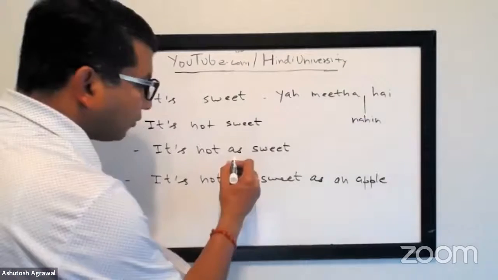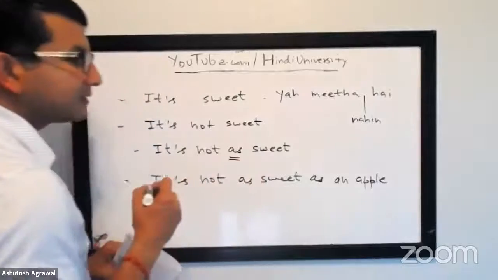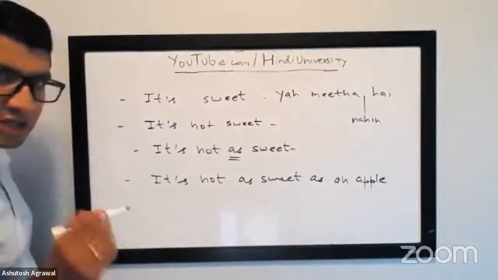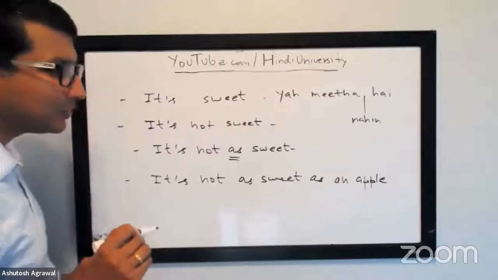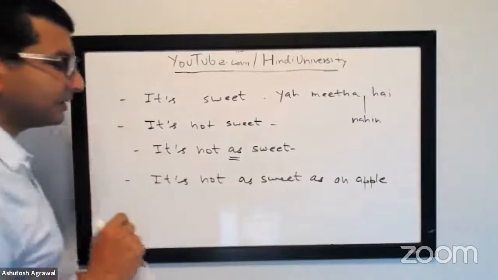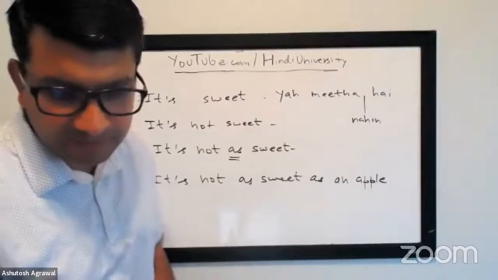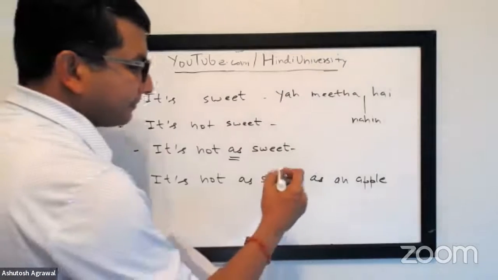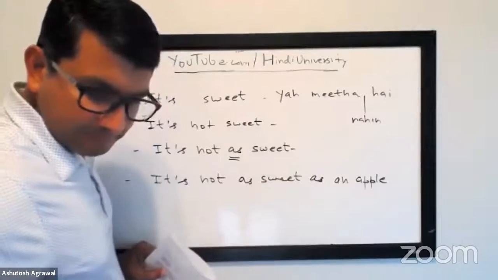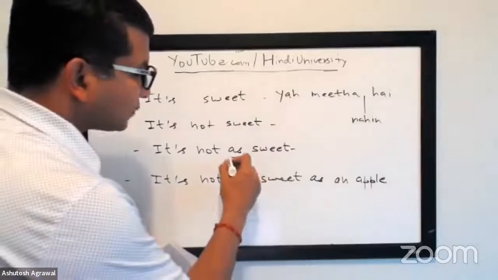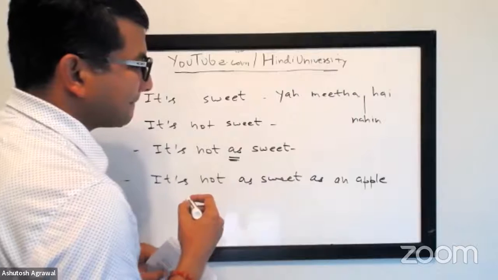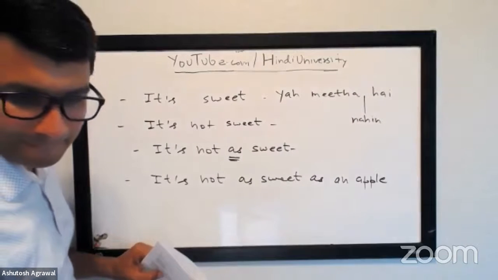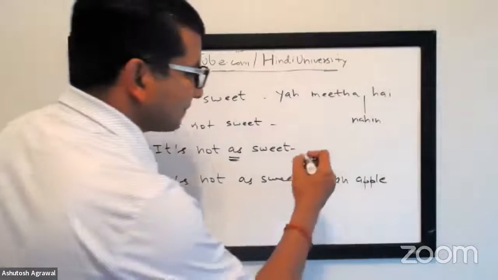Now when you have it's not as sweet, यह you can use interchangeably for the most part, like itna and utna. But what would you say for this one? It's not as sweet. Delia? Sorry, यह इतना मीठा नहीं है.